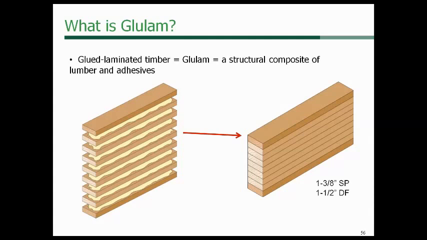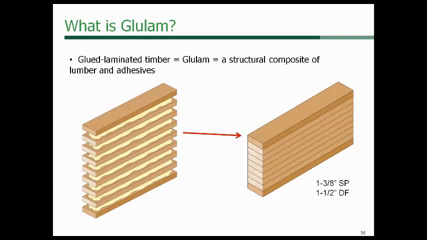So what is glue-lam? As I said, that is a shorthand term for glued laminated timber, which is a structural composite made with lumber and adhesives. The most common species you'll probably see are going to be southern pine and Douglas fir, and you can see that there's a little note down here on the bottom right that denotes that the layers, the laminations, the individual pieces of wood that make up the laminations will vary in thickness with species, and I have that on another slide as well.